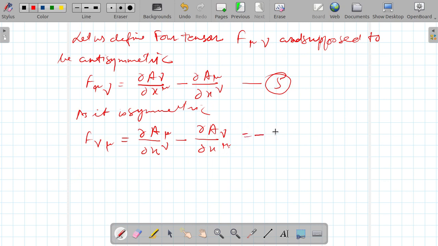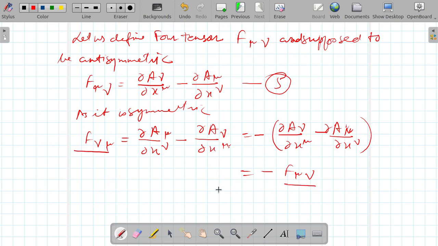And if I take the minus sign outside, then it is curly A nu over curly x mu minus curly A mu over curly x nu. So it is basically F mu nu, right? So these two are equal and opposite when we change the indices.